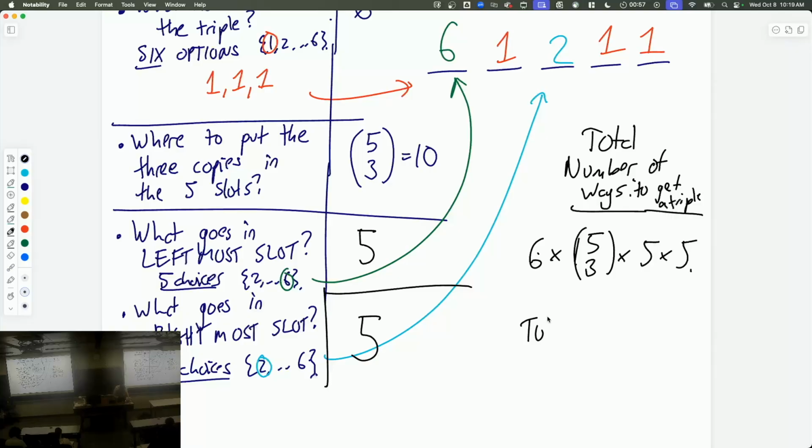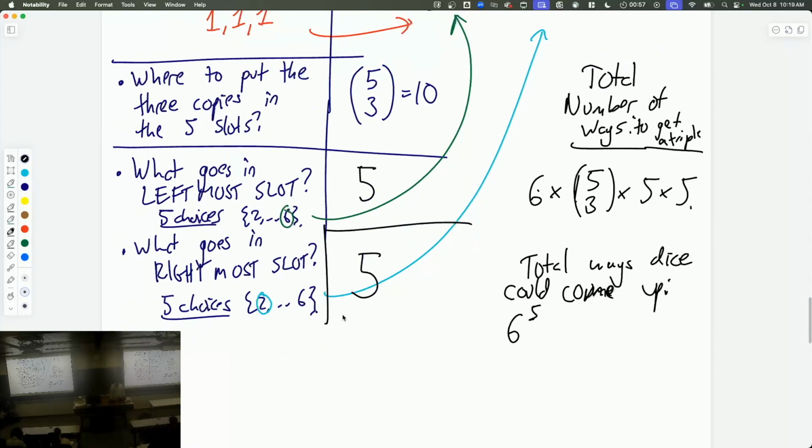What is the total number of ways the dice could come up? It is 6 to the power 5, 6 times 6 times 6 times 6 times 6. That is all the sequences of length 5 on the 6-sided dice, and therefore the probability is the ratio.